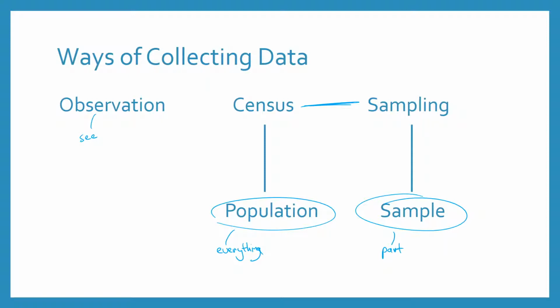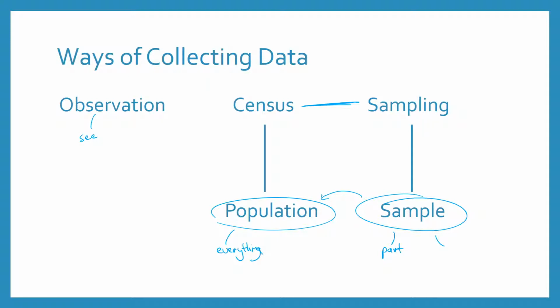And the reason we might do this is because it's very hard for us to, say, interview everyone in Australia. It might be easier for us to interview a certain portion of Australia and use those results to estimate or make a representative information, which helps us understand what the whole population might think or how they might feel.